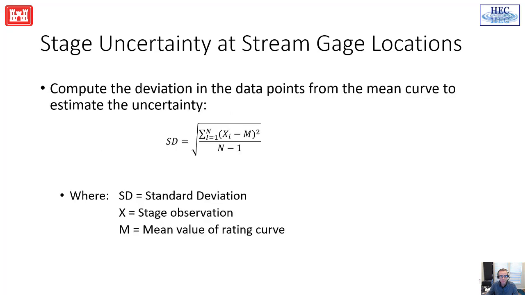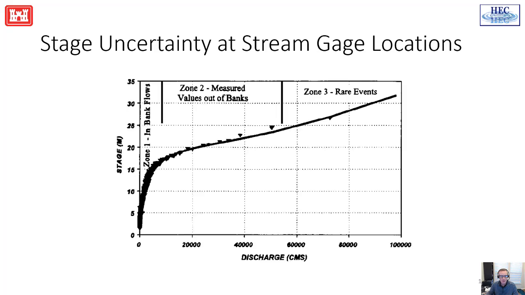To then compute the uncertainty in that rating curve, we can compute the standard deviation as our estimate for the uncertainty. The standard deviation is computed as the square root of the sum of the squares of the difference between the observed and the measured rating data. When we go to compute stage uncertainty, we like to compute this uncertainty at various water surface elevations or flows.